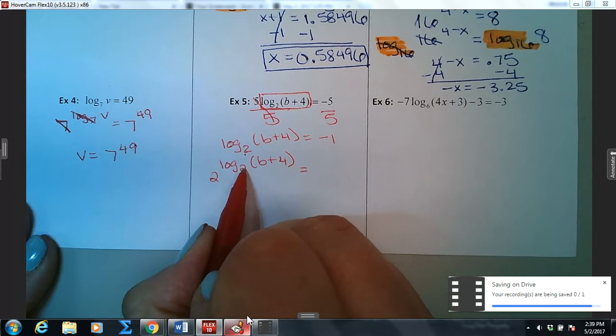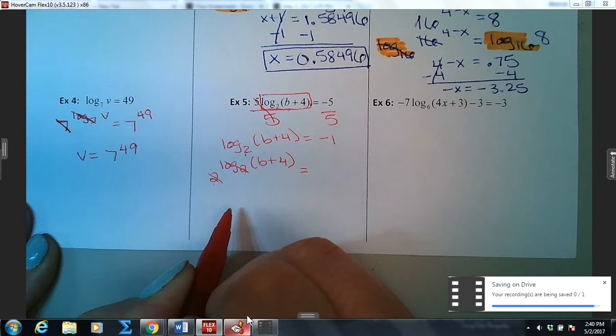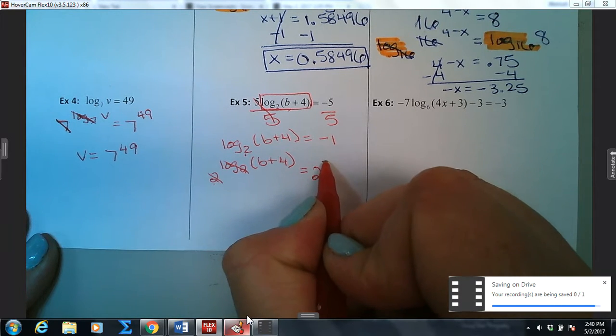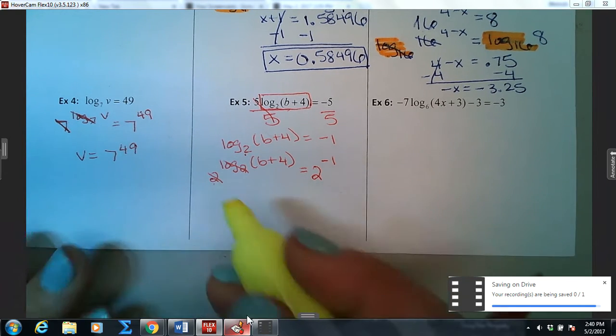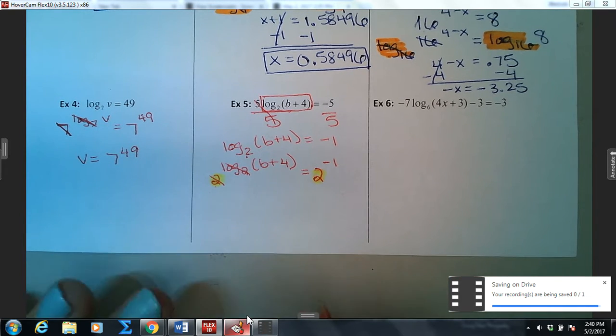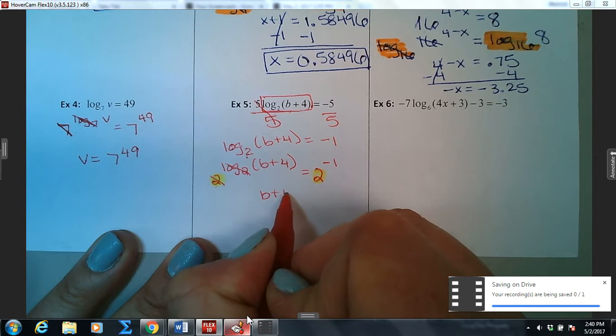A log base 2 and the base of an exponent will cancel each other out. Now whatever I do to one side, I do to the other side, so I've got to raise up negative 1 as well. Remember, we've got to keep our equation balanced. Here, the exponent and the log cancel each other off, and we've got b plus 4.